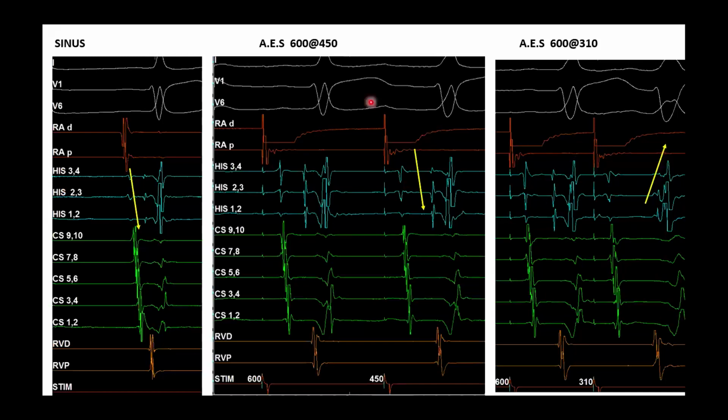The points are that in the case of an atrioventricular pathway, the AH and AV intervals will keep on increasing because of the decremental property. And at one time, predominantly the anterograde conduction is via the atrioventricular pathway and retrograde conduction is via the node.